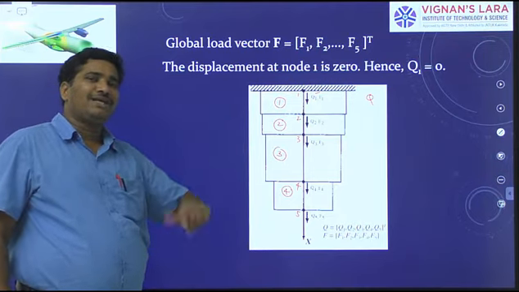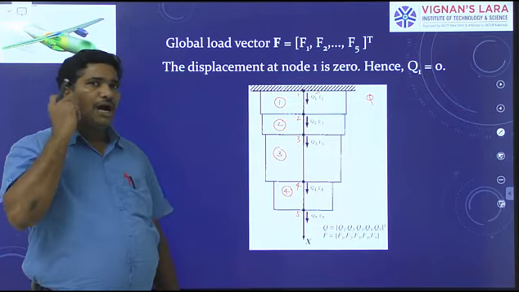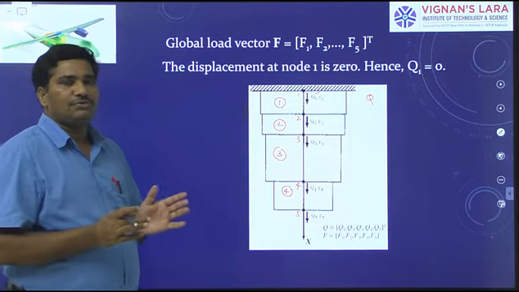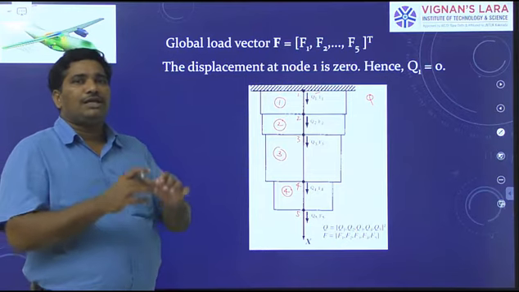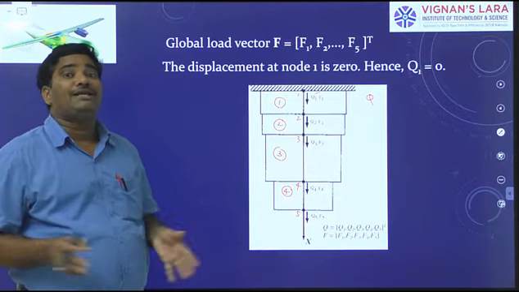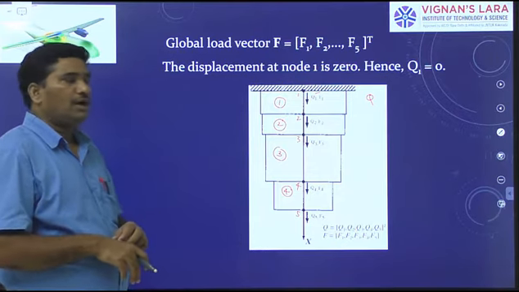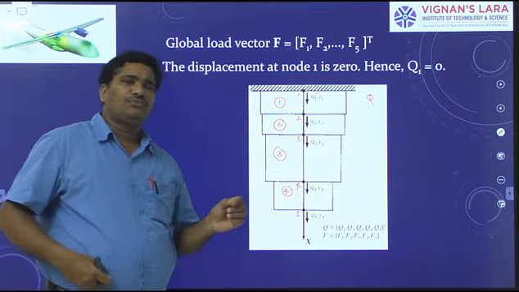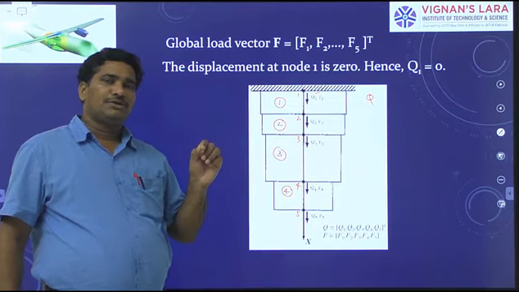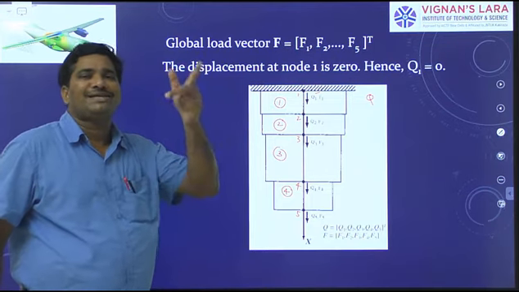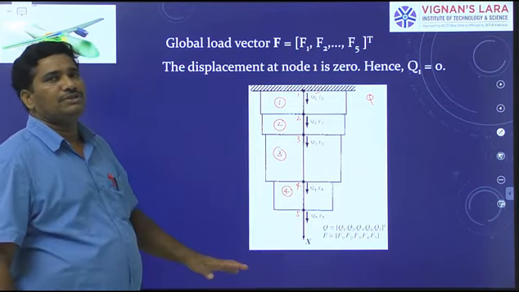With distinction, I use capital Q for displacement of the node in the domain. I use small q for displacement of the node in the element. With distinction, I use these notations.